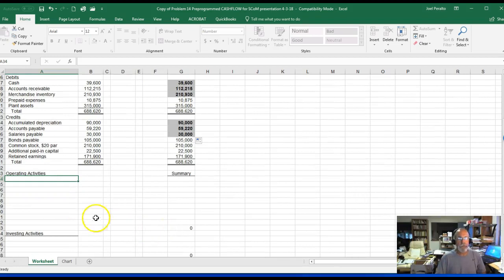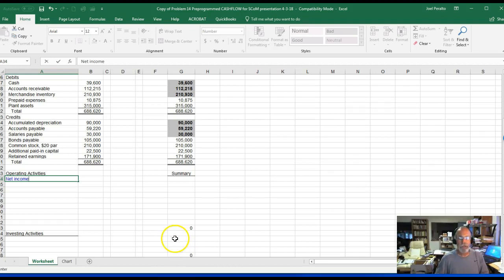And so it's important to note that when we prepare the statement of cash flows on the indirect method, we start out at the top under operating activities with net income. And so we should probably put that in at the top.